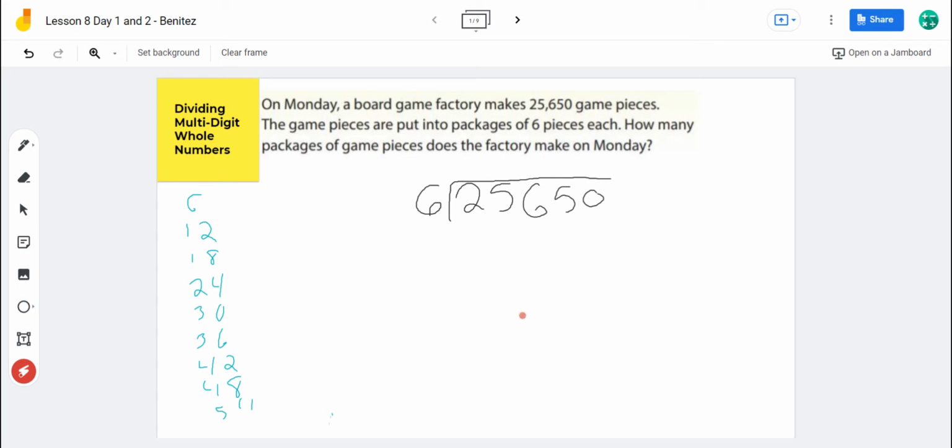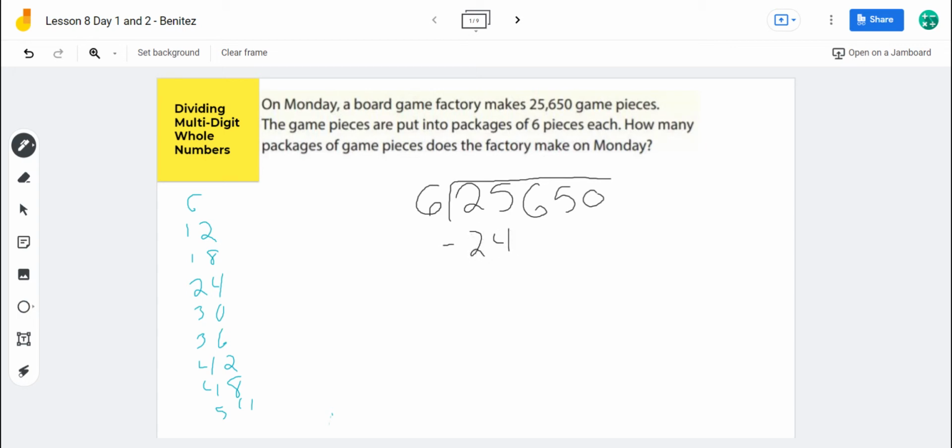So in my multiplication facts, I'm going to look for the biggest multiple of 6 before passing 25. So that works, that works, that works, that works. 30 is too big, it passed 25. So that means 24 is the biggest multiple of 6 that goes into 25.